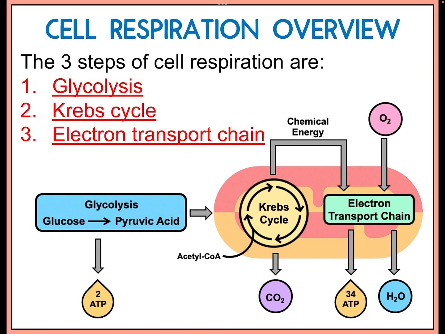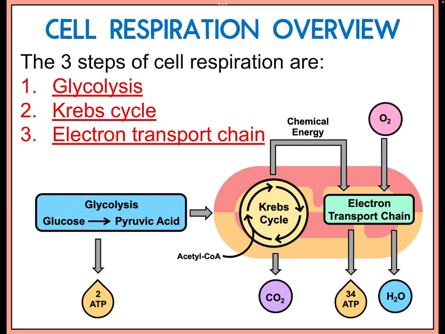This is a general overview of cellular respiration. There are 3 steps of the cellular respiration process. There's glycolysis, the Krebs cycle, and the electron transport chain. You can see here what is produced from each one of these steps of cellular respiration. Glycolysis produces 2 ATP.